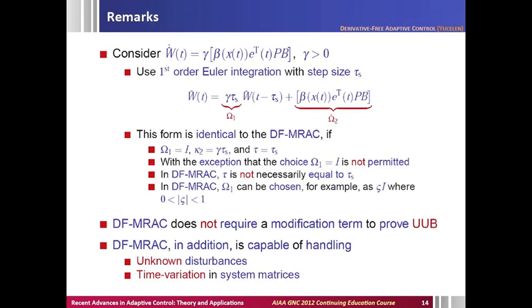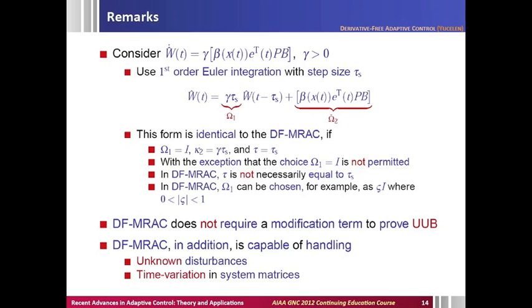So I have a couple of remarks. So we were talking about this previously. Now, if we simply take first order error integration with a step size of tau s, then we can write a law which is very similar to derivative-free law. Now, it is nice because we always implement adaptive laws like that. So this is a nice connection. This form is identical to the DF-MRAC only if omega is identity. Of course, that selection is not permitted in the derivative-free MRAC.